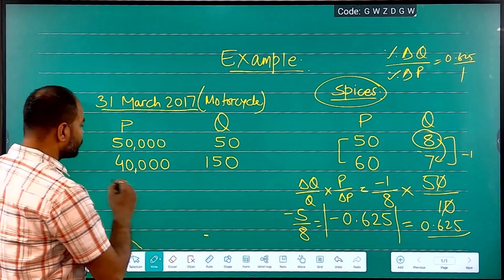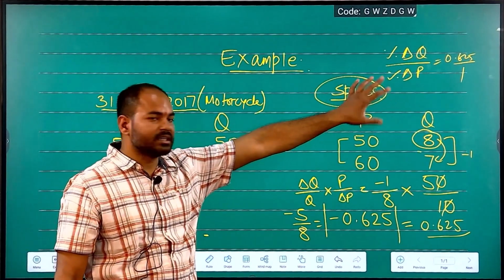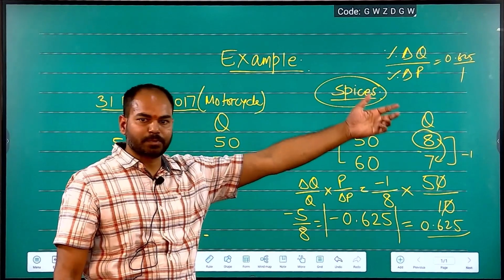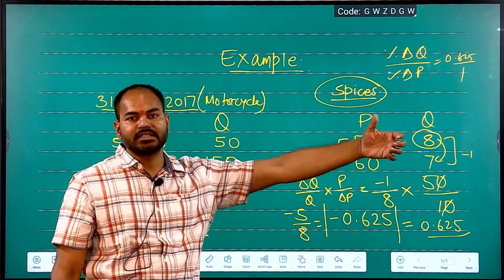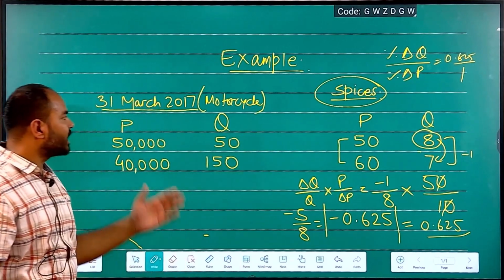Now let's move to this question. So on the one hand, I am taking the necessity goods like spices. You can take wheat, rice, or any daily necessity goods. On the other hand, I am taking motorcycle.